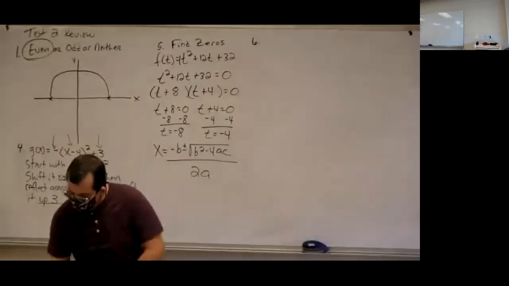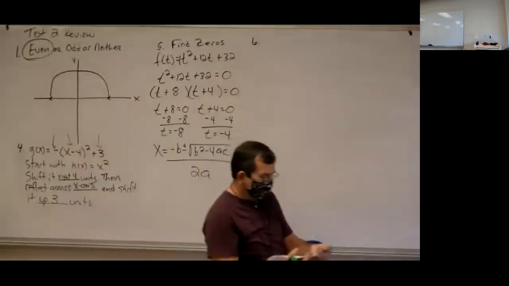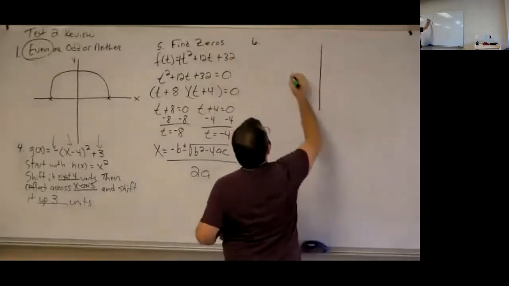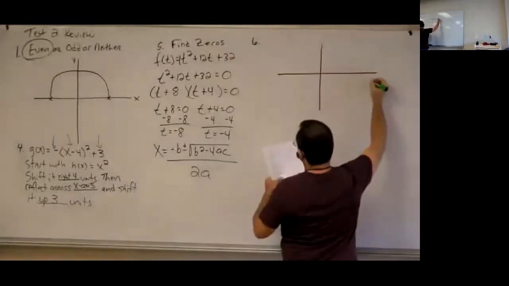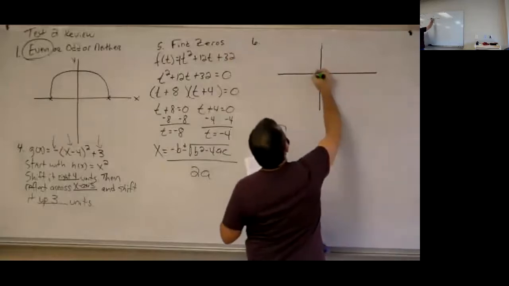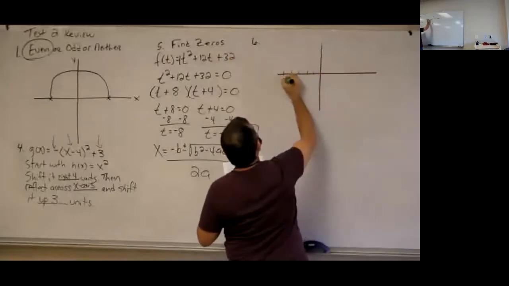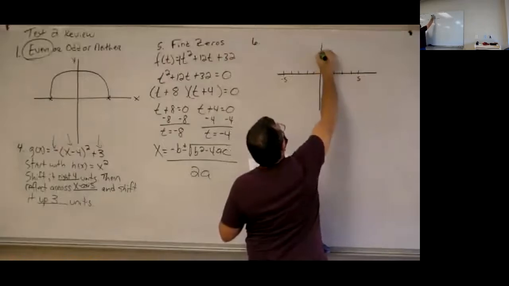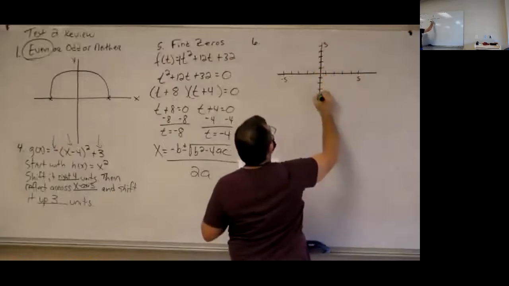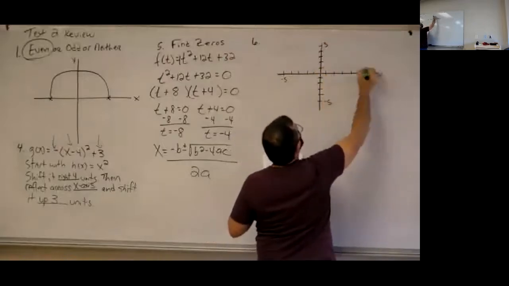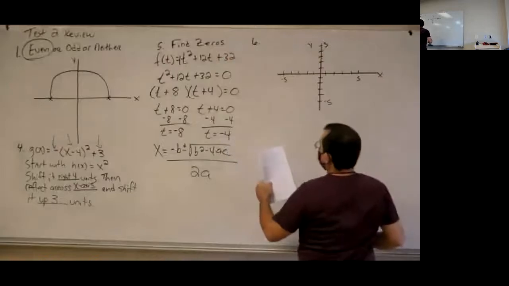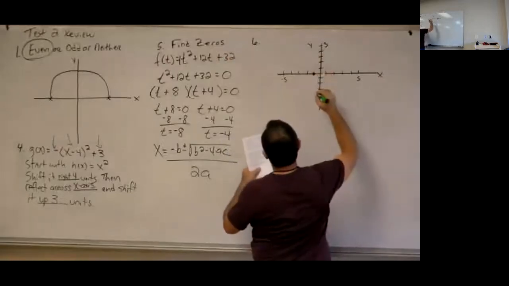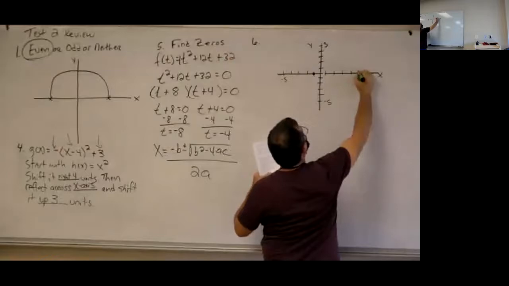All right, let's see, 6. All right, 6, I gave you the graph. So what I'm worried about is this is crossing right here at -1, and then it's crossing over here at 5.